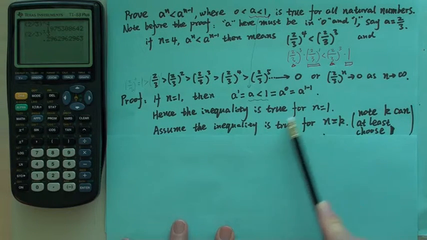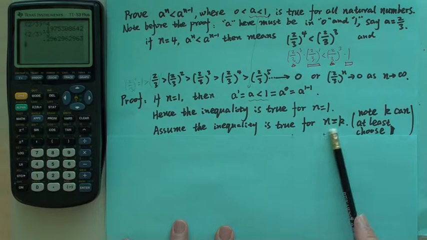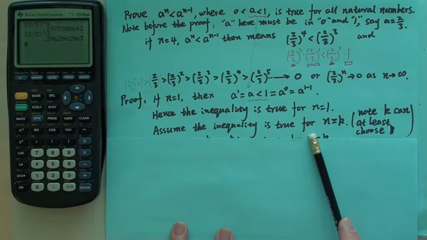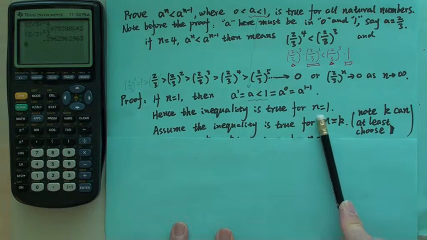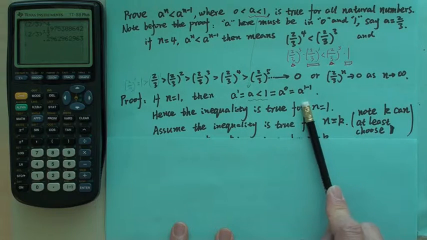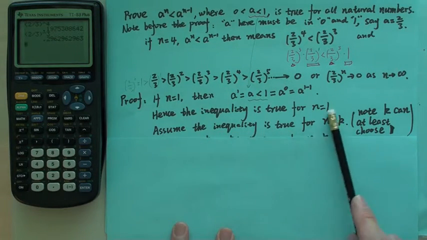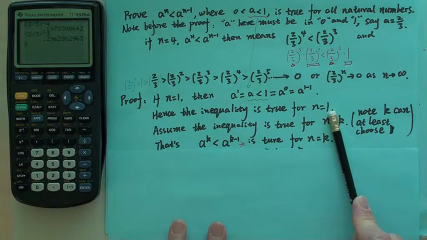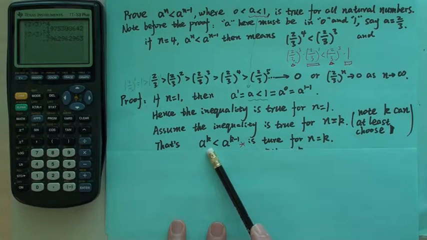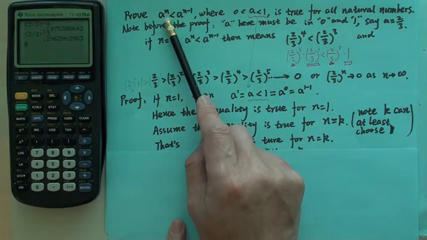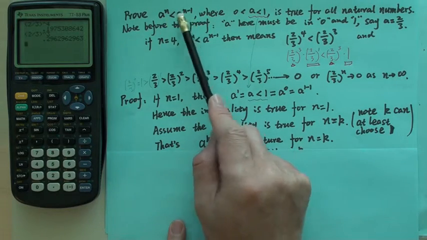Then what you may do is assume the inequality is true for n equals k, because k can at least choose 1. Now, keep going. Say this is true for n equals k, so you replace n with k.